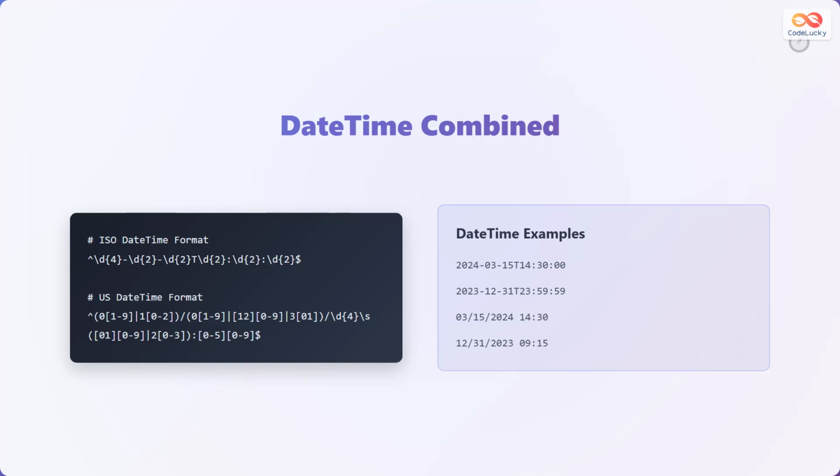For the ISO DateTime format, we have 2024-03-15T14:30:00 and 2023-12-31T23:59:59. For the United States DateTime format, we have 03/15/2024 space 14:30 and 12/31/2023 space 09:15.